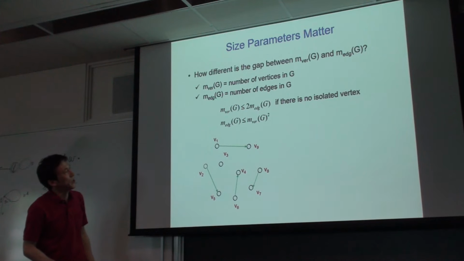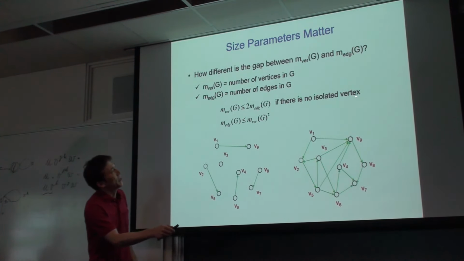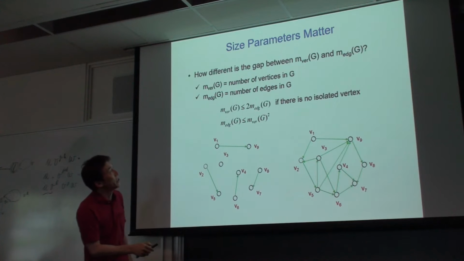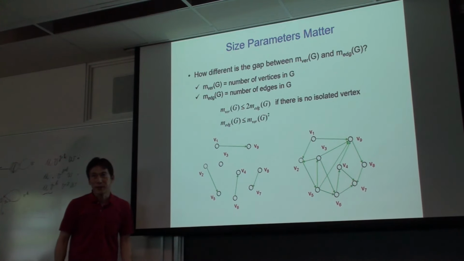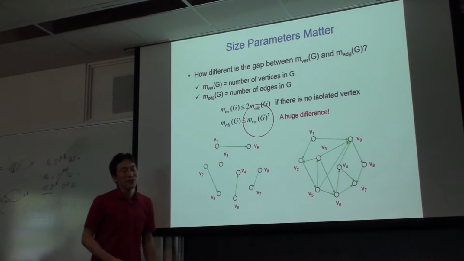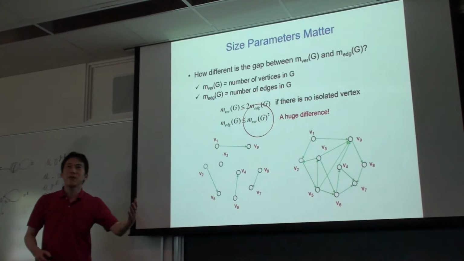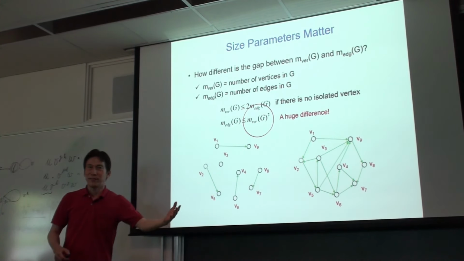For example, if you look at a graph like this one here, if there's no isolated vertex, then the number of vertices is bounded by 2 times the number of edges. But the number of edges is bounded by the square of the number of vertices. Right? You see this square, so that makes a huge difference if you go into sublinear space.